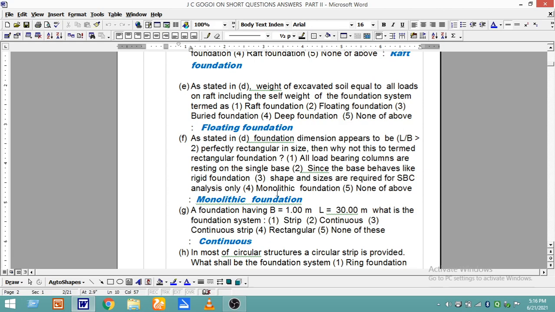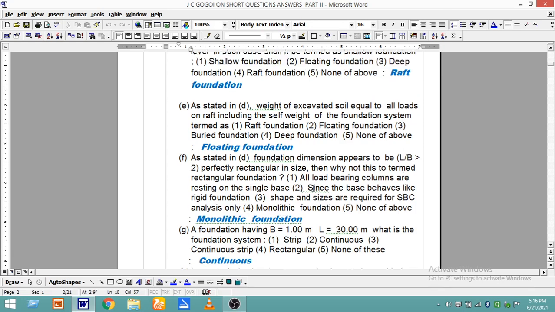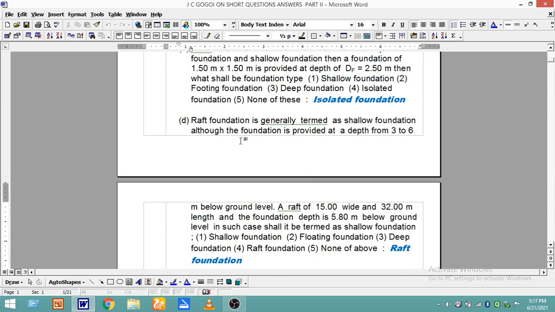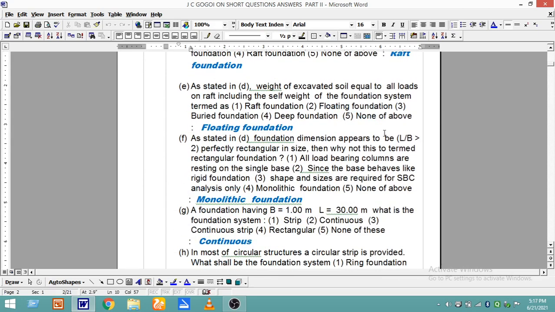It is not rectangular foundation, it is monolithic foundation, so it is called raft foundation.